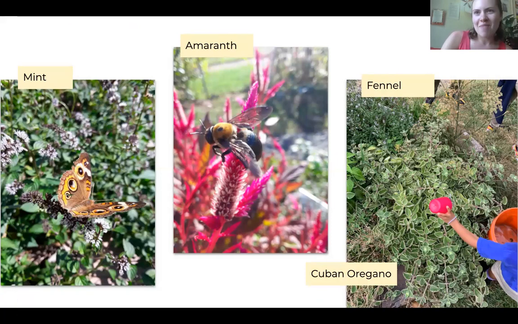But the fennel in the back is what I wanted to feature, which flowers and is great for pollinators because they love the nectar in the flowers. Cuban oregano is actually a tropical plant, by the way. So if you do grow it in your gardens, you have to take it indoors in the winter.